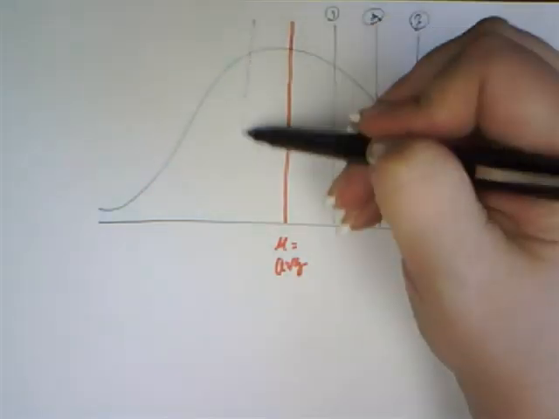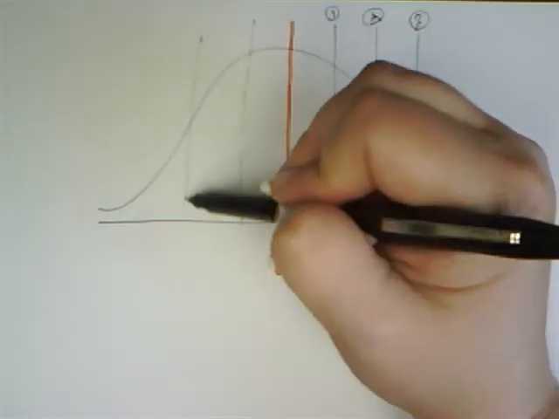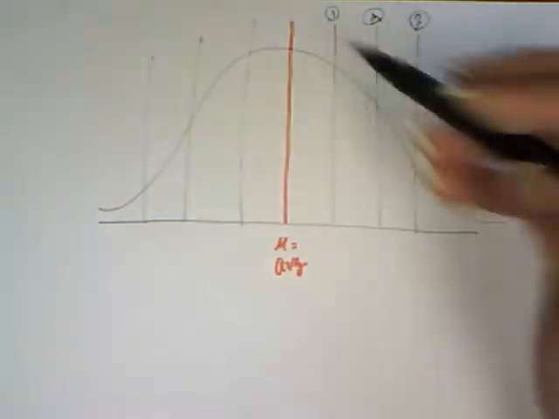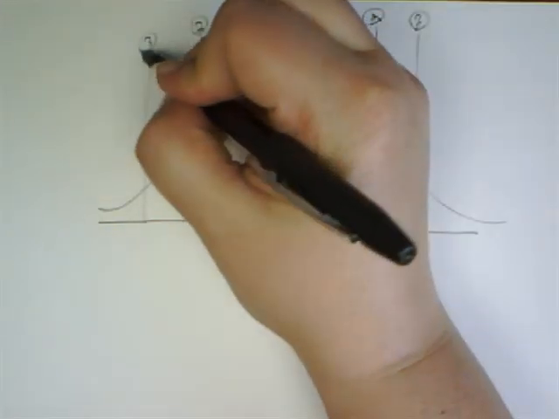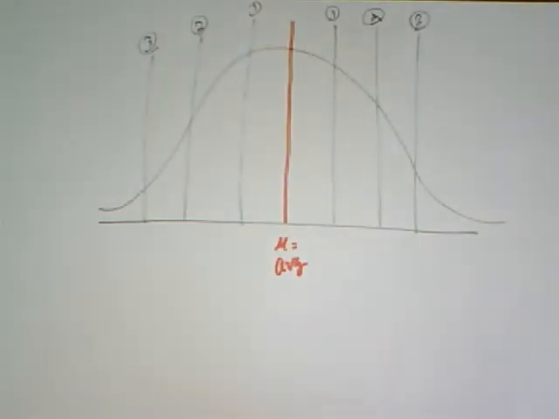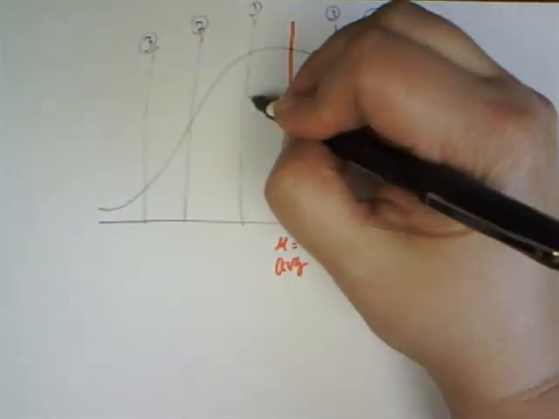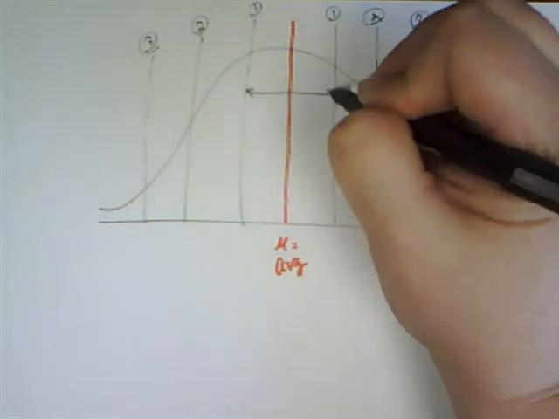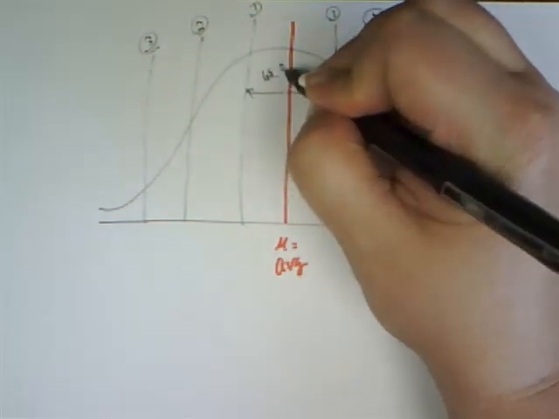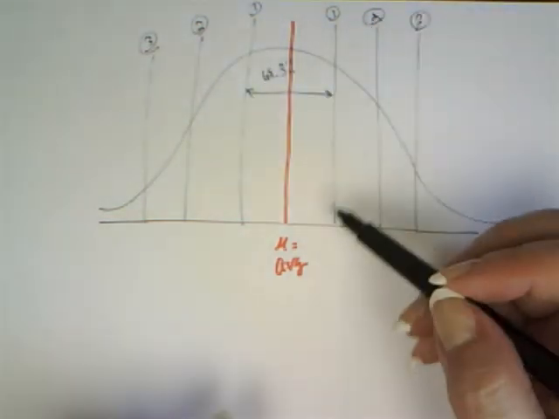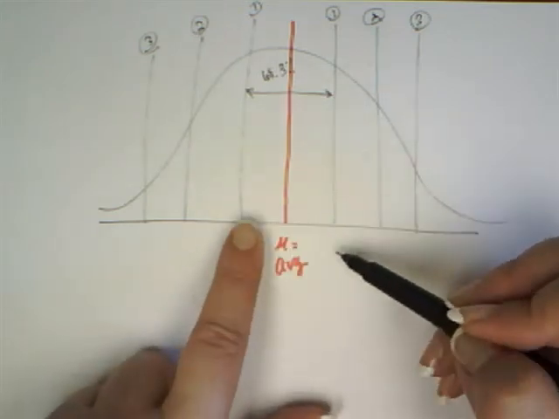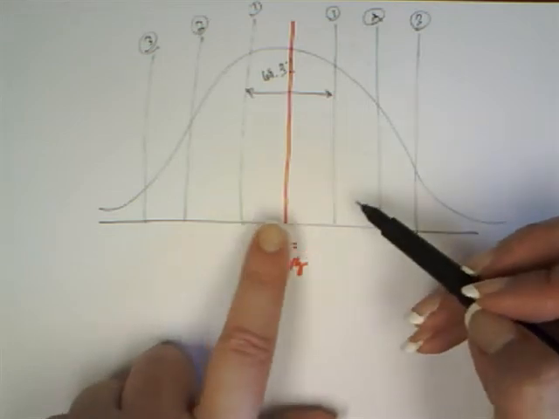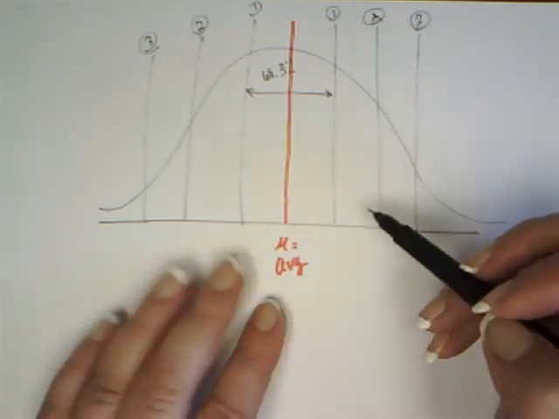And you have them on the positive side, or the right side of the curve, as well as the negative. Statistically speaking, 68%, 68.3% of your data will fall within one standard deviation of the mean. This is your average. This is one standard deviation to the negative side and one standard deviation to the positive.